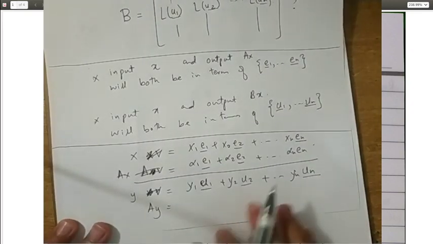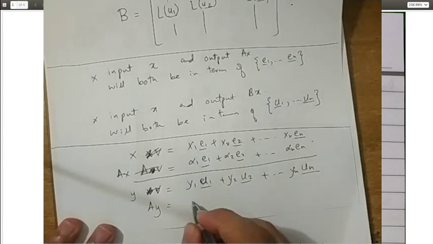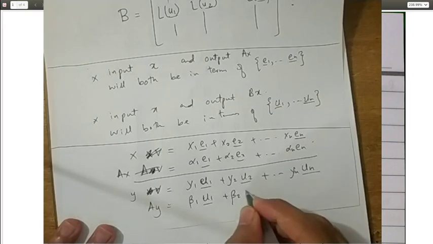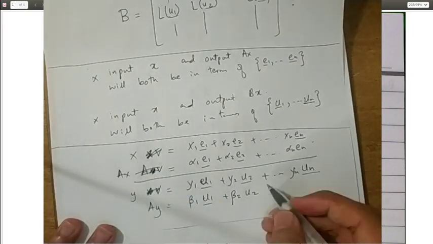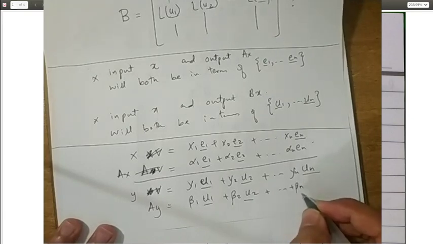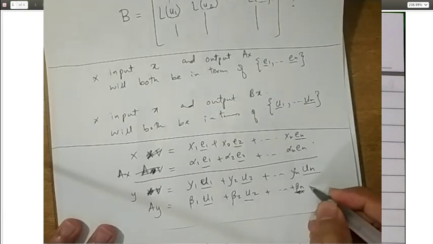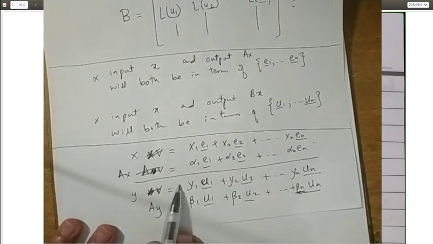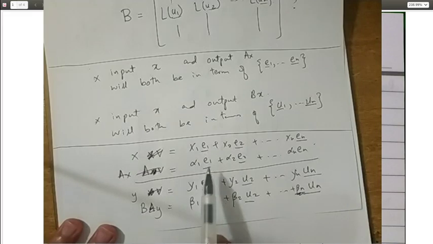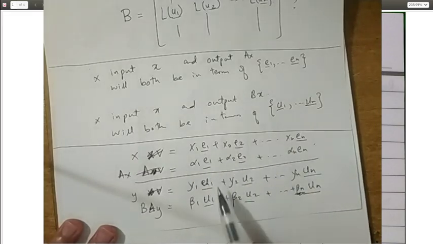And so if you're representing it like this, then it should be beta 1 u1 plus beta 2 u2. This is still a bit imprecise, but we'll clear this out in the following discussion. So beta n un. So both the input and the output, rather this should be B times y, both the input and the output should be in the same basis representations.